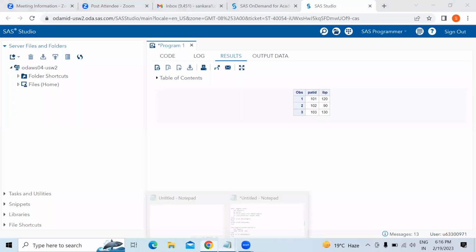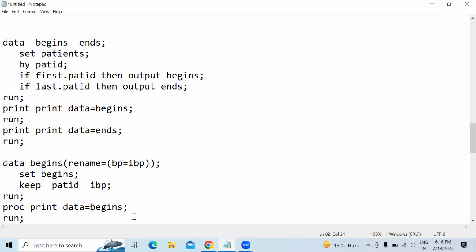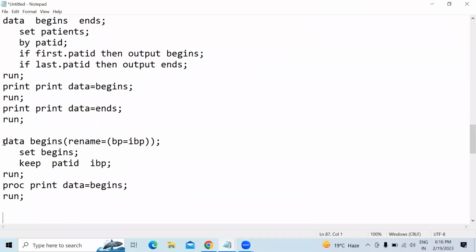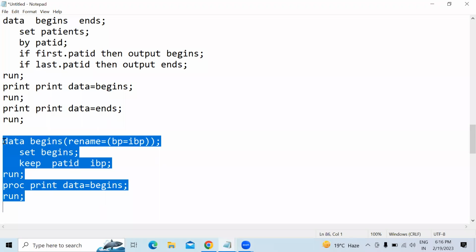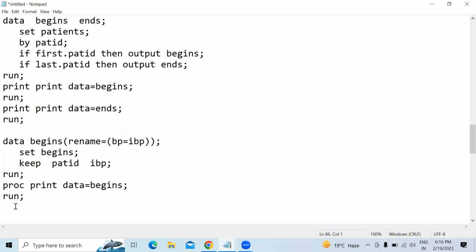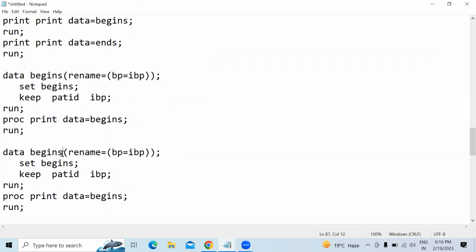Do the same kind of work for ends. Just do the changes. Data ends, rename BP equal to final BP, EBP. Set ends.